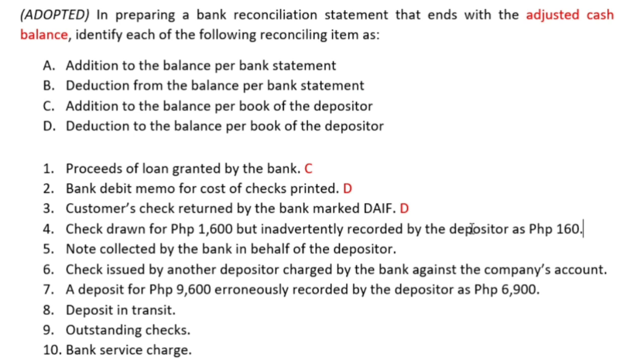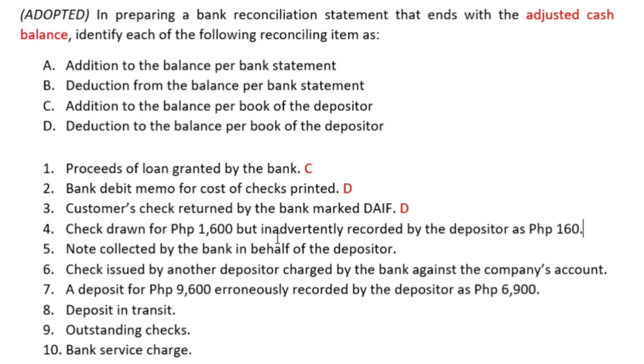So book error ito. So ang pagpipilian lang natin dyan, either letter C or letter D. Check drawn. Nag-issue tayo ng 1,600 yung halaga ng cheque, no? Pero ang nai-record mo, 160. Kulang ang nai-record mo. Nag-debit ka ng accounts payable, nag-credit ka ng cash for 160 when it should be 1,600.